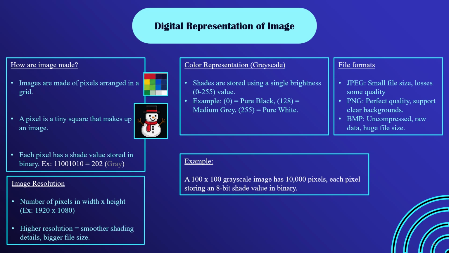To put this all together, imagine a 100 by 100 pixel grayscale image. That image contains exactly 10,000 pixels, and each one of those pixels stores an 8-bit shade value in binary, which shows just how much data even a small, simple image actually contains.